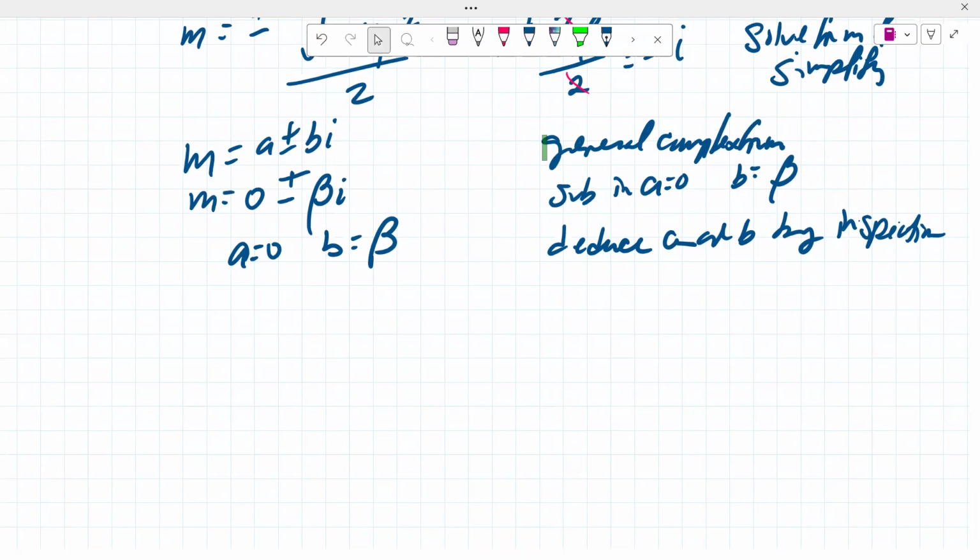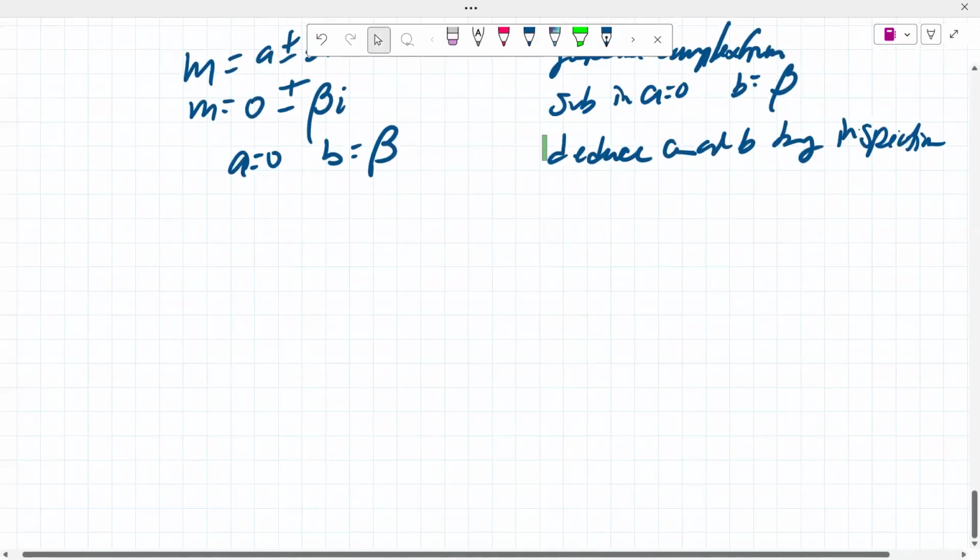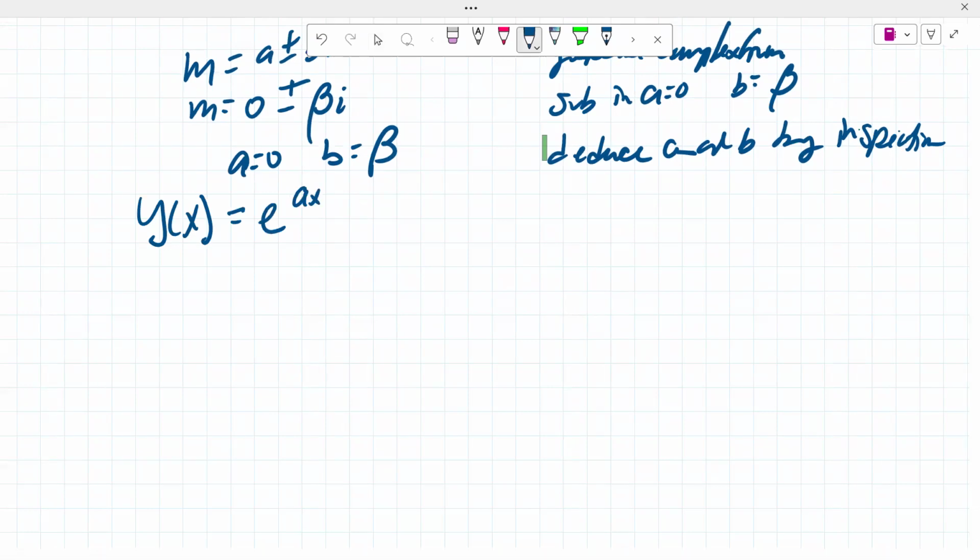Next, we have y of x equals e to the ax times c1 cosine bx plus c2 sine bx.